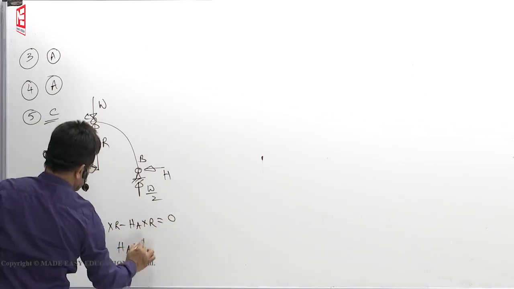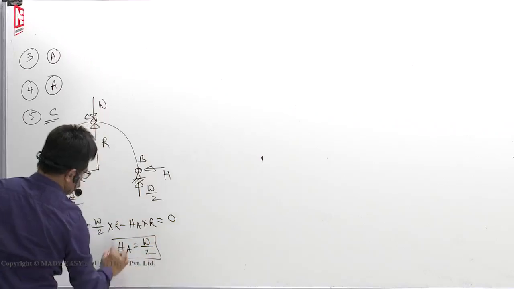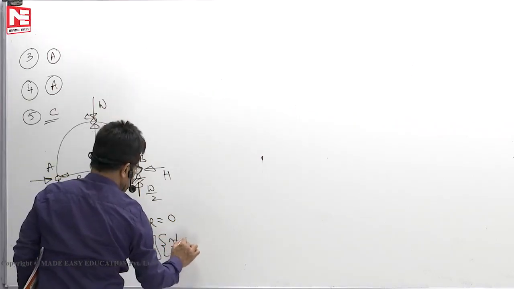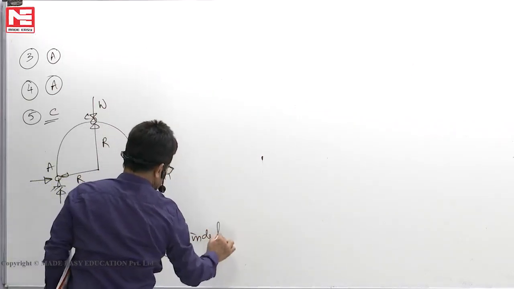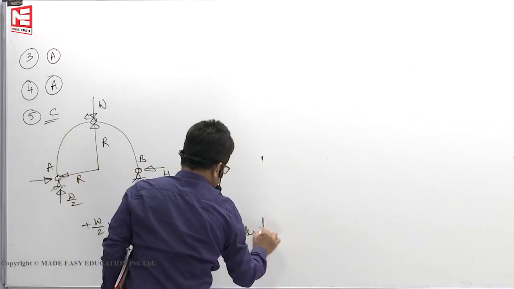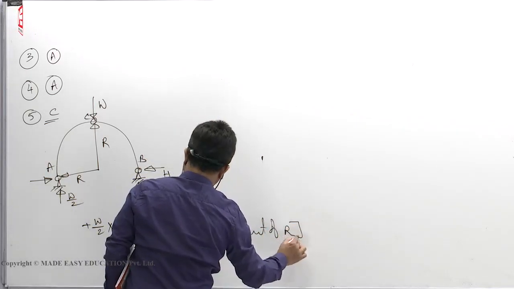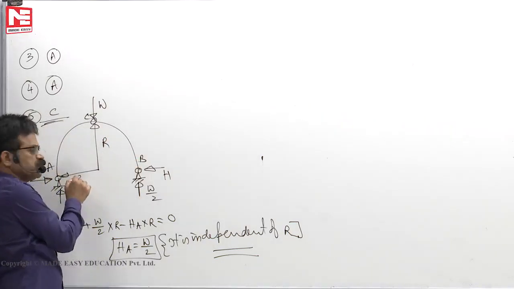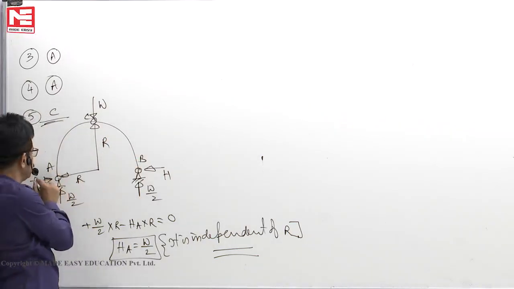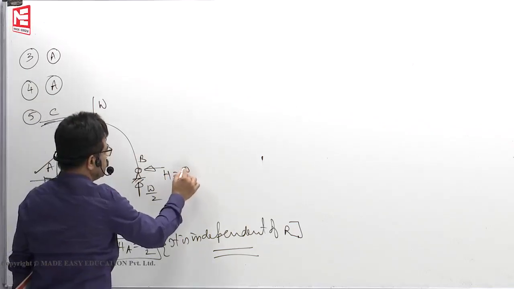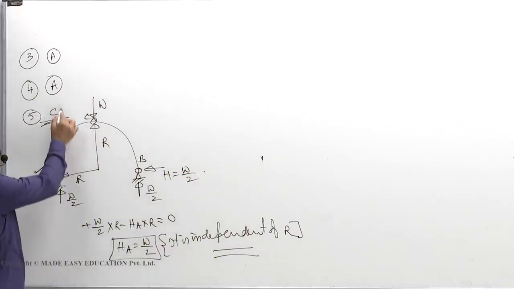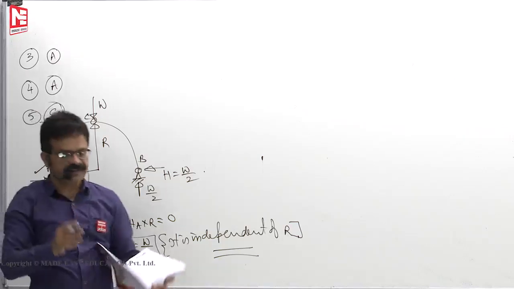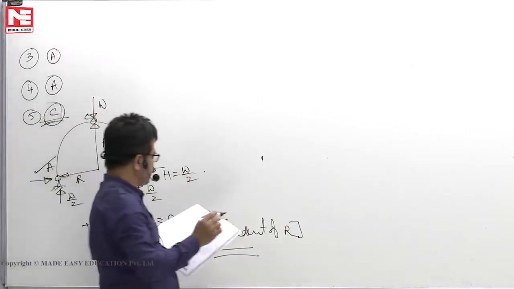So HA you will get W by 2. That's all. It is independent of R. So whether R is 2.5, 5, 7.5, thrust is same, W by 2, that's all. So C is the option, 1, 1, 1. Ratios are 1 and 1 and 1.